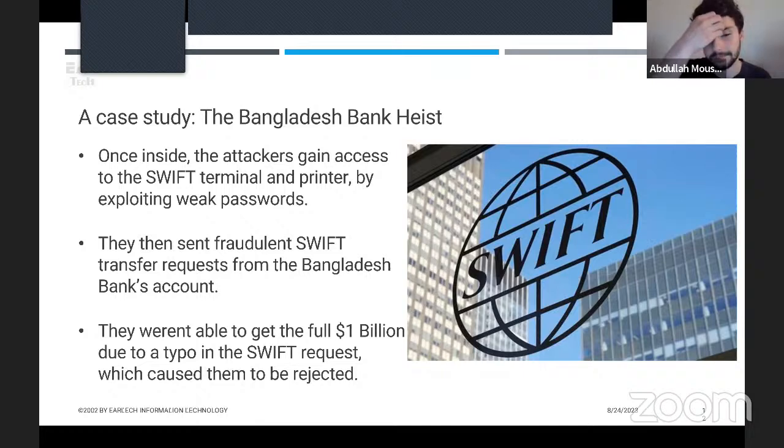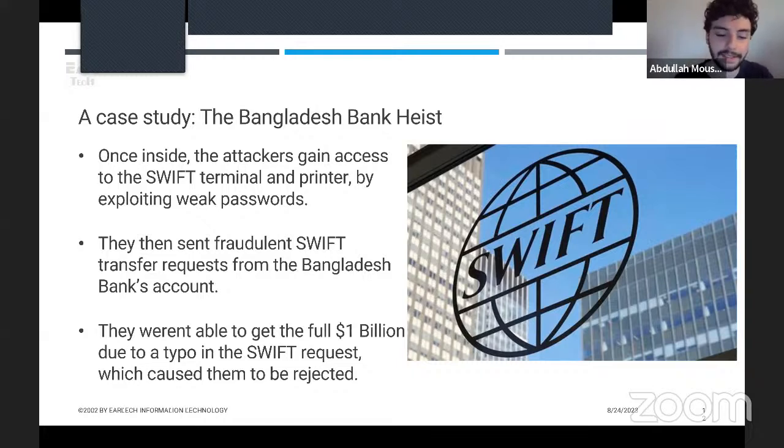But the employee in charge of the terminal logged into his Swift account on a computer that was on the main network, and his passwords were not that comprehensive, so they were able to gain access to it.